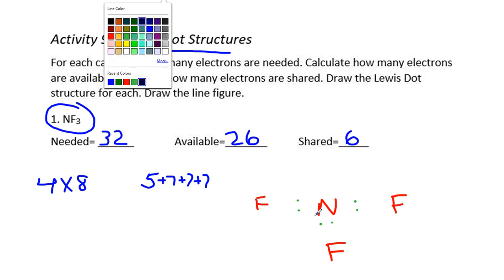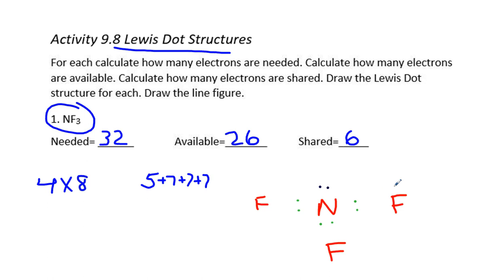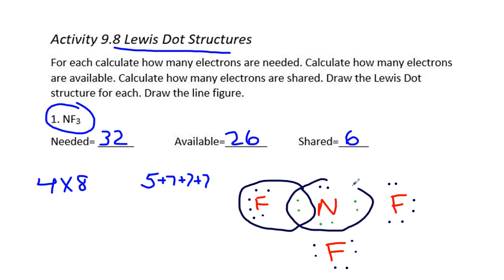Here we go, right? 1, 2, 3, 4, 5, 6, 7, 8, 9, 10, 11, 12, 13, 14, 15, 16, 17, 18, 19, 20. Now I've got 26 electrons. Did everybody get a ring of 8? There's a happy guy. There's a happy guy. There's a happy guy.